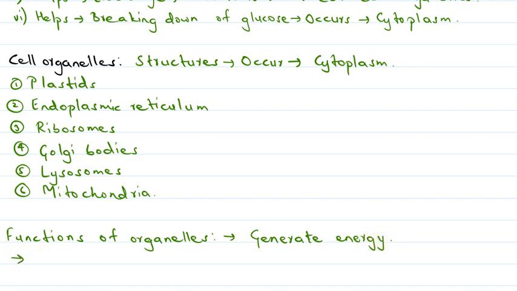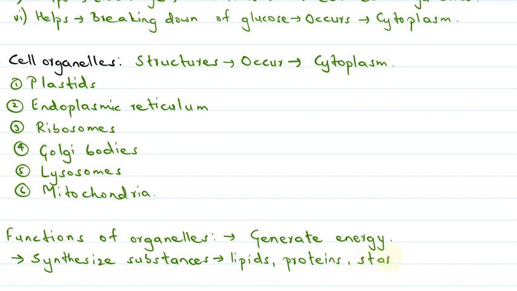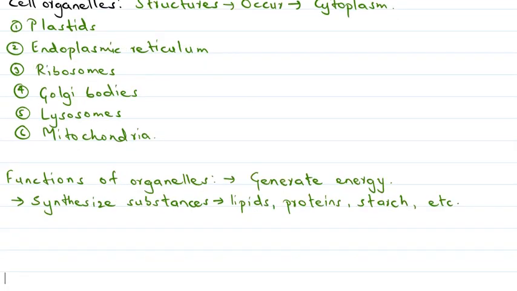Then they synthesize substances like lipids, proteins, starch. These are some of the substances that are synthesized by the cell organelles.